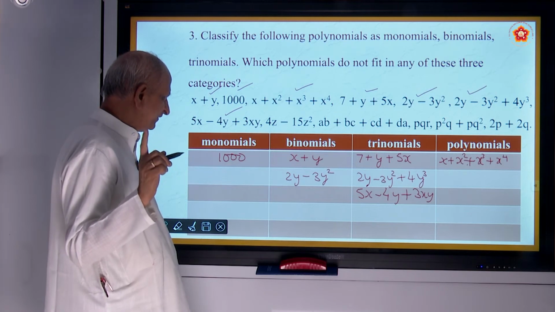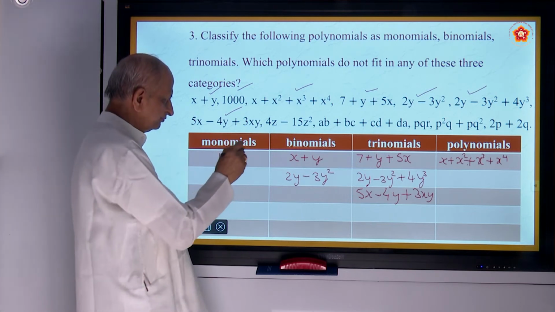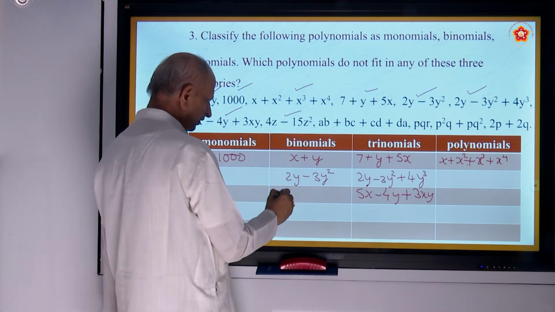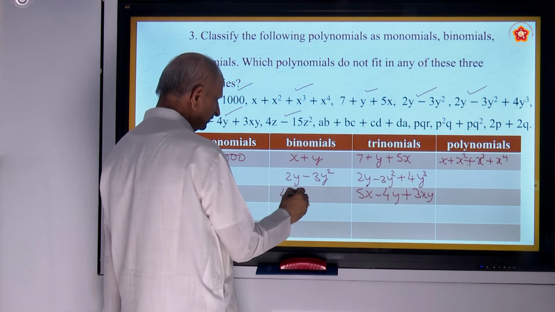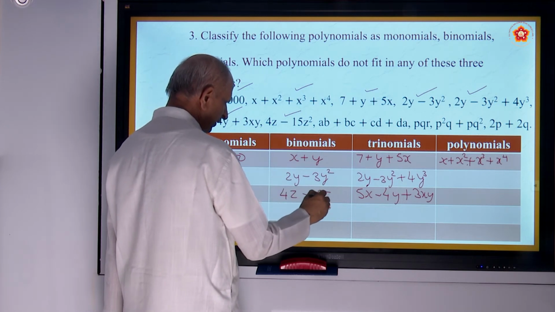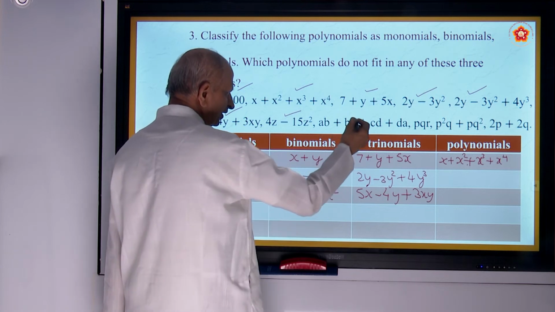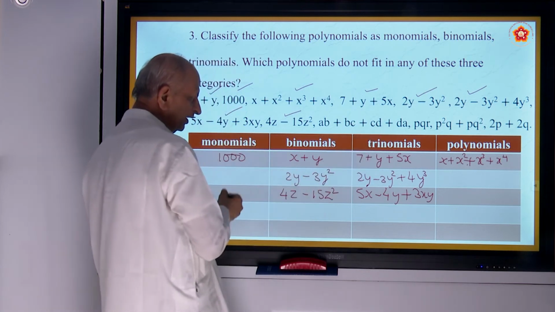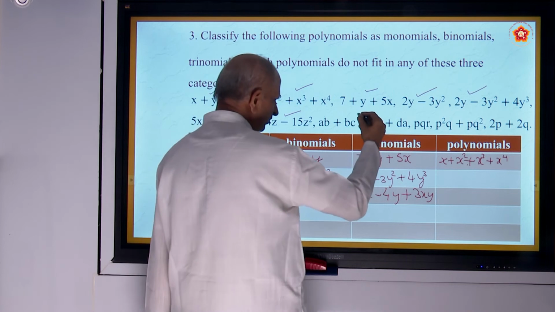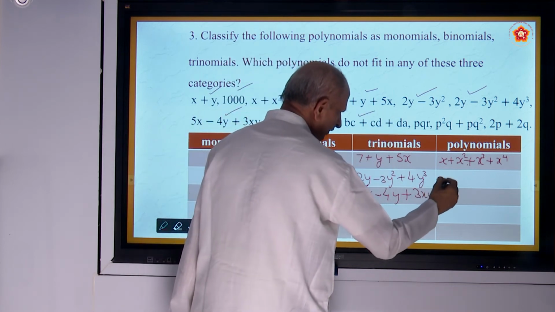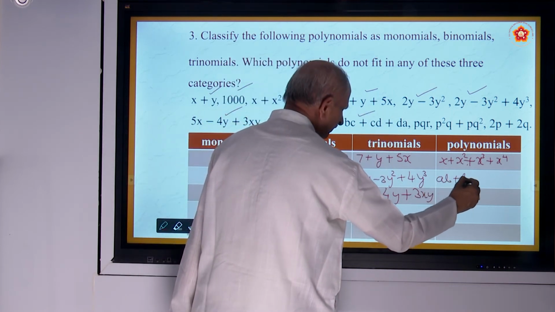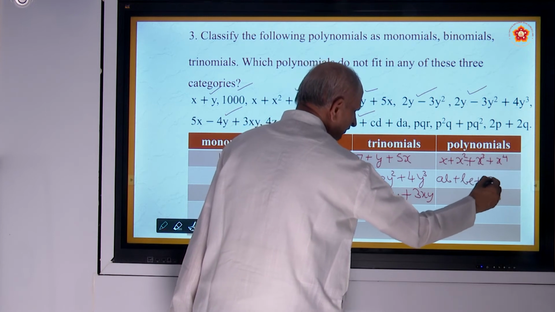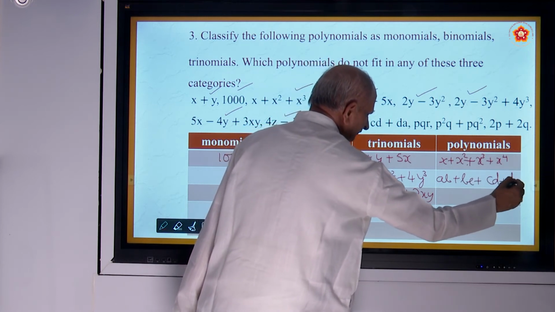Don't get up from the place until the lesson is over. Binomial: 4z minus 15z squared. Then you have this, which does not belong to these 3 groups. Come to the last group. AB plus BC plus CD plus DA.